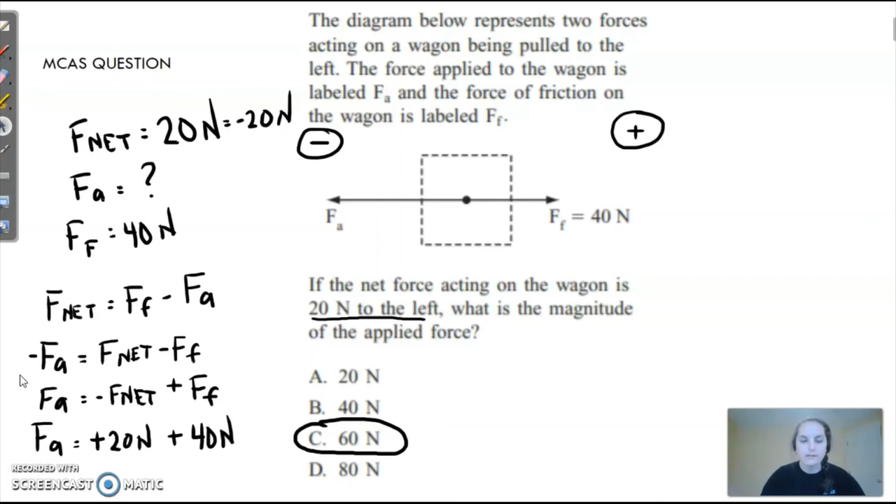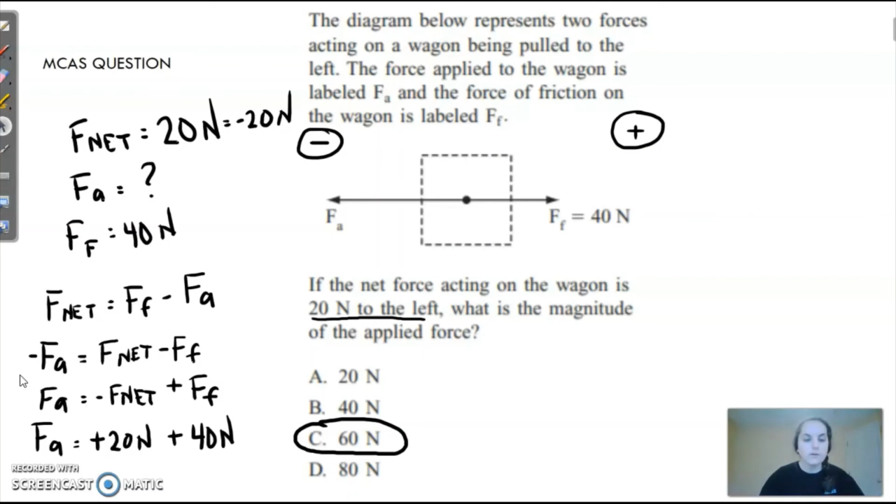I subtracted this frictional force from both sides. And so we're left with a negative applied force is equal to your F net minus your frictional force. So then your applied force is equal to your negative net force plus your frictional force. So because our F net is a negative, that becomes a positive, and our frictional force gets added.